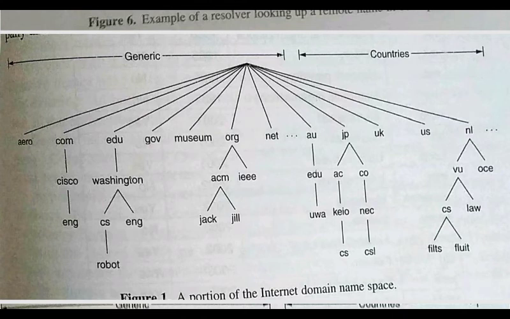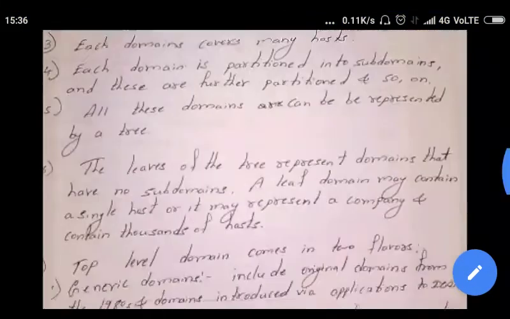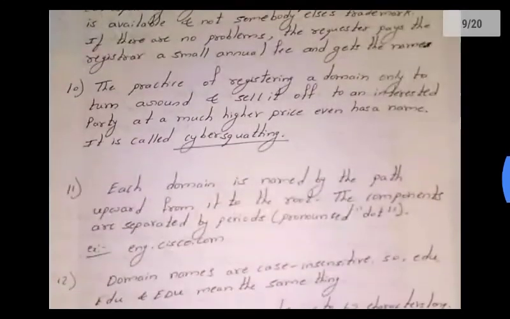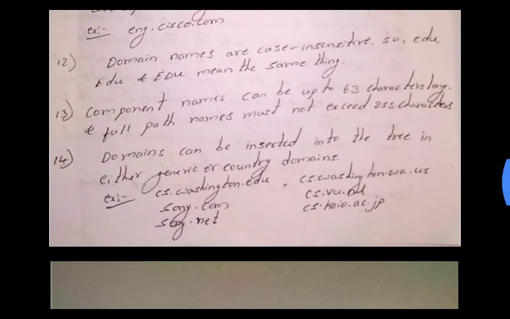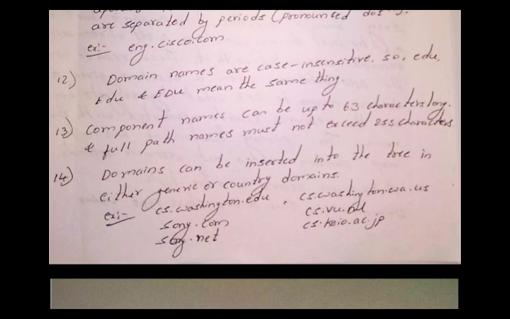Here in the example, domains can be inserted into the tree, either as a generic domain or as a country domain.